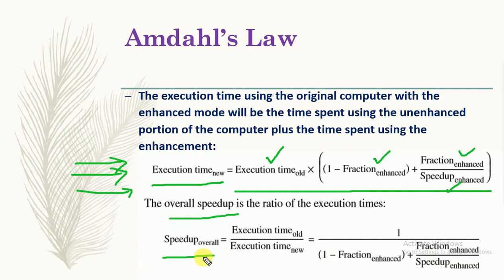Okay, so speed up overall can be evaluated as execution time of old to the execution time of new, which is equivalent, in terms of performance, to 1 divided by 1 minus fraction enhanced plus fraction enhanced divided by speed up enhanced.